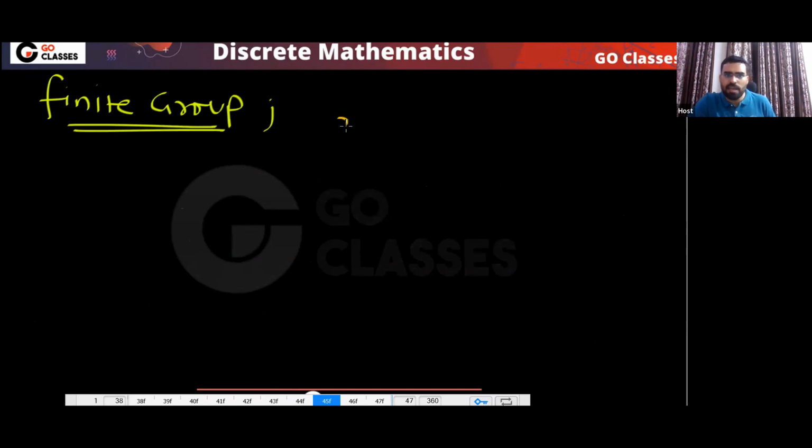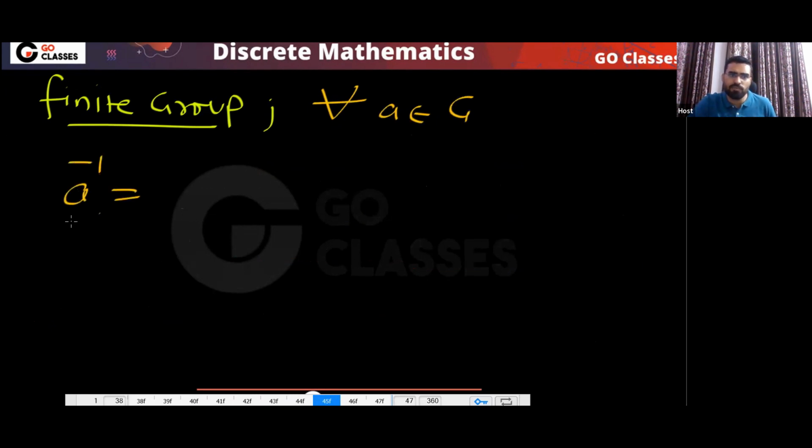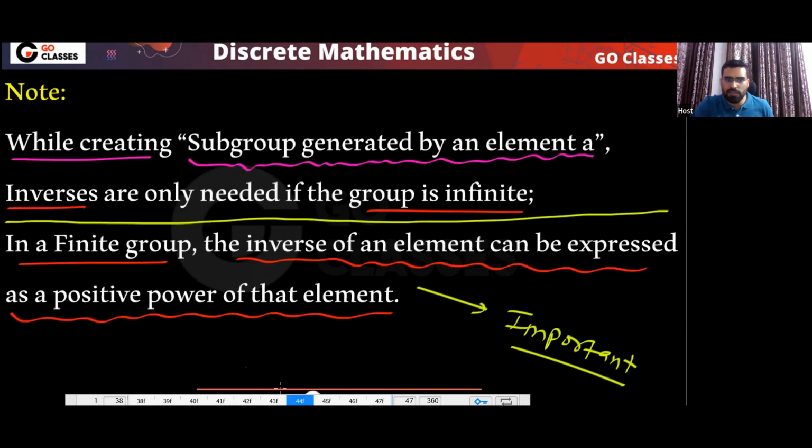I can say that for all A belonging to G, this A inverse can be represented as some positive power of that element.